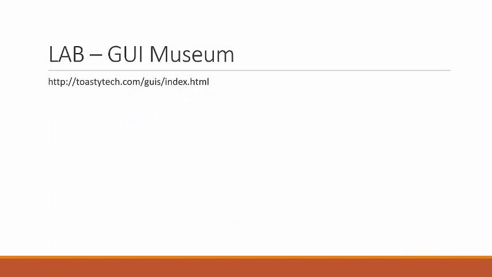A lot of these GUIs we looked at, you got to go take a look at in a lab. I'll have another video posted that talks about, we'll take a quick look at that. But there are organizations out there and hobbyists that collect these things. There's an obsolete computer museum where people collect 30-year-old computers and they display them in like a true museum. Likewise, this website right here, tositech.com, this is just a guy who's a hobbyist.